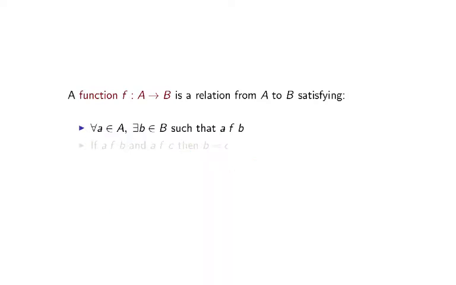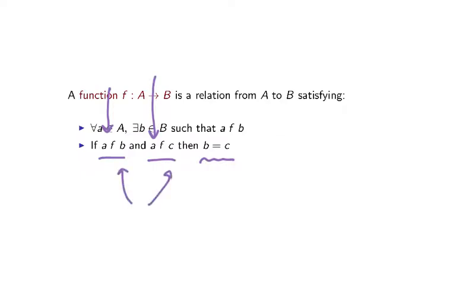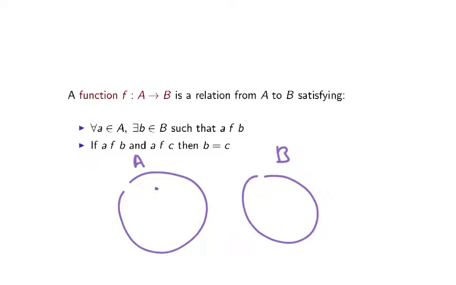Now, the second property that the relation should satisfy to be a function is that if A relates to B and A relates to C too, then B has to be equal to C. In other words, an element A cannot relate to two different elements. In terms of the Venn diagrams, if we have an element here, it cannot happen that it relates to two different things.